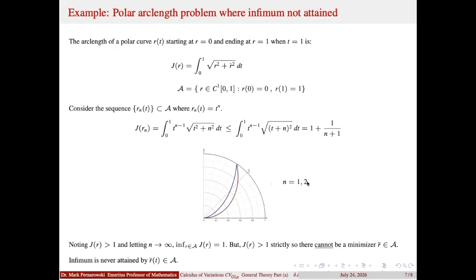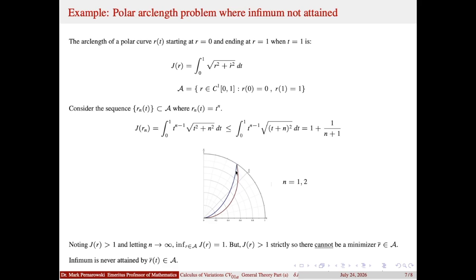If n is 2, so r is equal to t squared, I get this curve here, which is a little shallower, but it hits the same endpoint. If I increase n and make it bigger and bigger, the curve gets flatter and flatter, and it approaches the straight line from the origin to that point. That straight line has a length of 1.